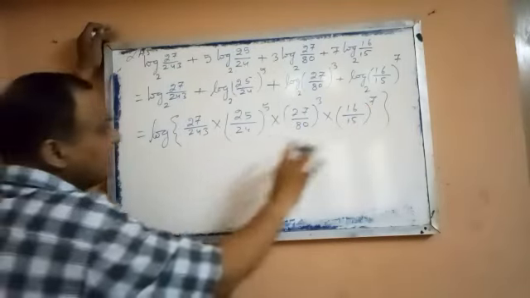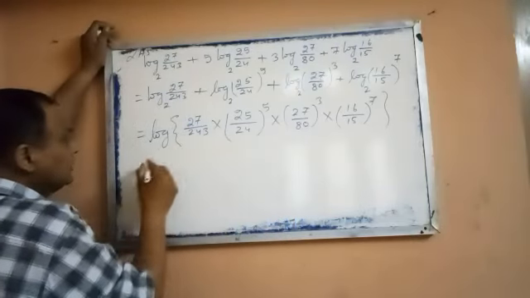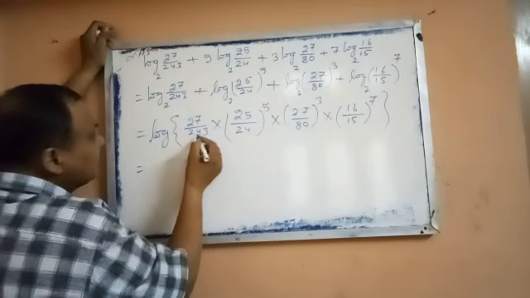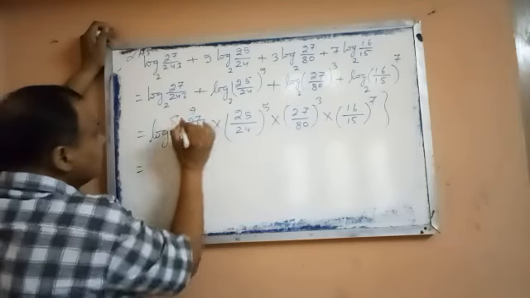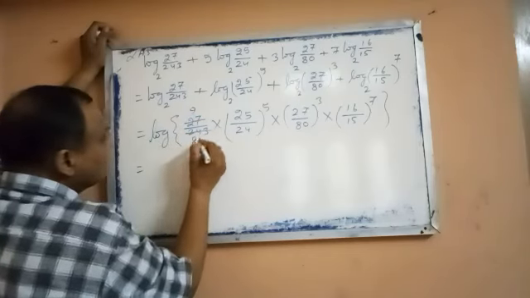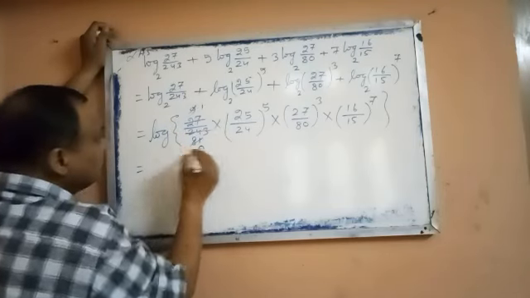Now if something is cancelled, we can cancel it, or you may not cancel also. We will cancel to simplify the thing. If you see here, 27 is cancelled by 3, so 3 9s are 27, then 3 8s are 24, 3 1s are 3, again 1 and 9, so it becomes 1 by 9.